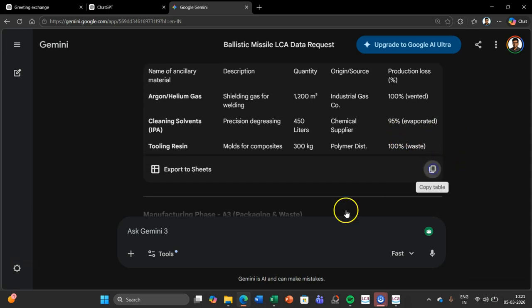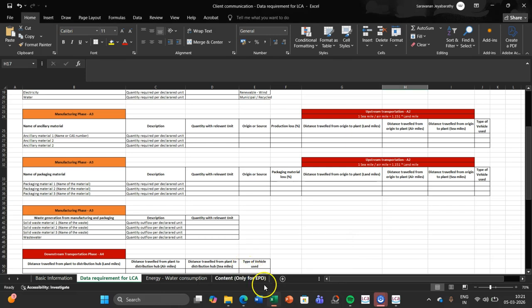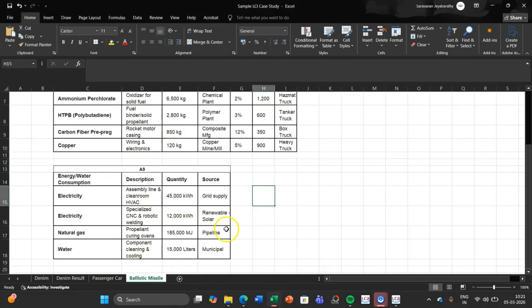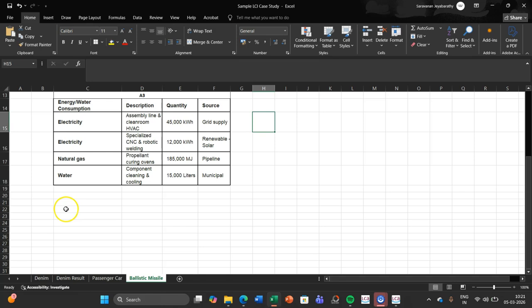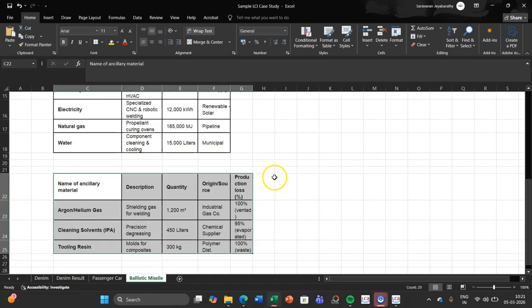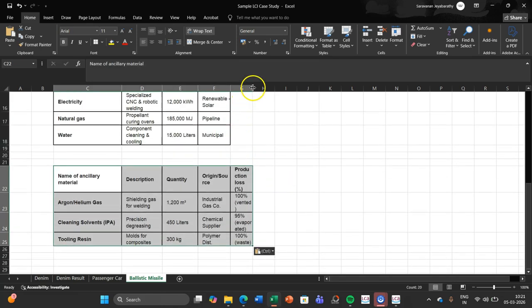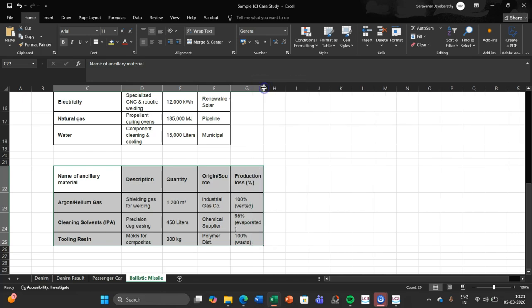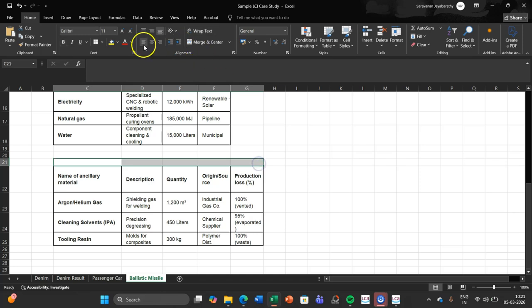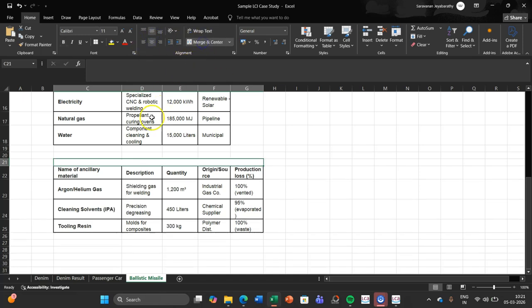Yes, very importantly, because more than the raw materials which are required, sometimes the ancillary materials would make more impact. So considering the ancillary is very much crucial for certain products. Ancillary, A3 ancillary. Okay, let's box it.